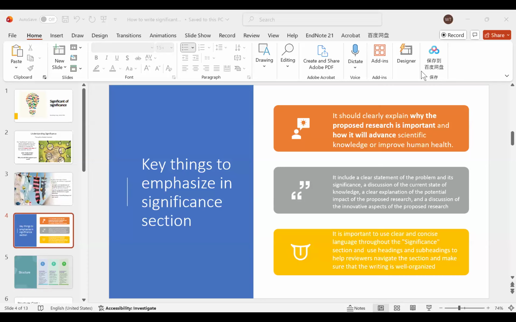For example, the significance section may not show up in many grant proposals, but it can be easily tailored to the introduction part of many grant applications.